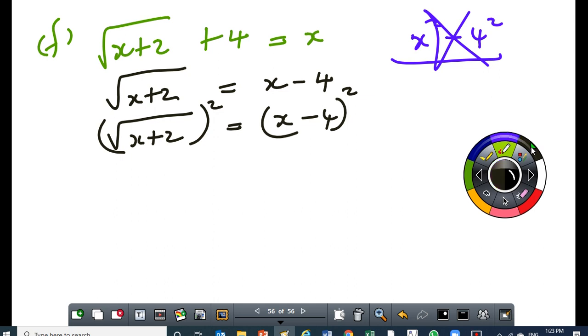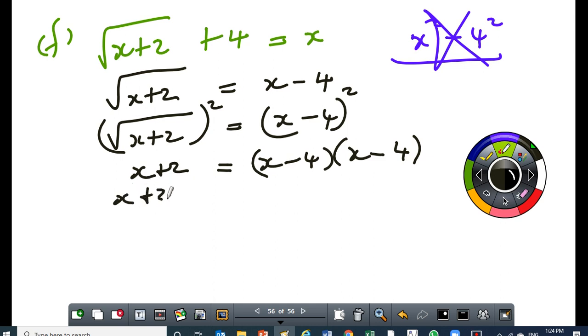Then find the square here to be equal to x plus 2, that's equal to x minus 4 all squared. Okay? You need to use FOIL to simplify this. So I can write it as x minus 4 times x minus 4.